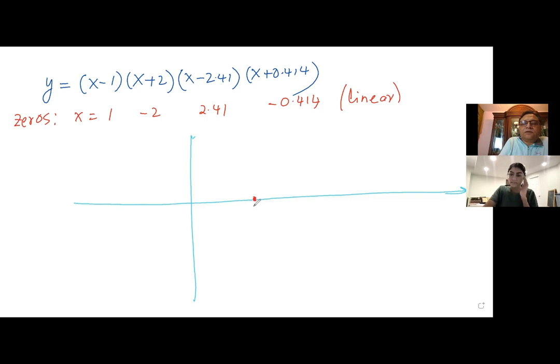This is 1 for me, right? And then minus 2. I also have that value. And 2.4, approximately near 2.5. So I'll just go here. So minus 0.4, let's say this. So we have these values here. And we know this function's end behavior is known to us. The graph basically will be kind of like this, right?